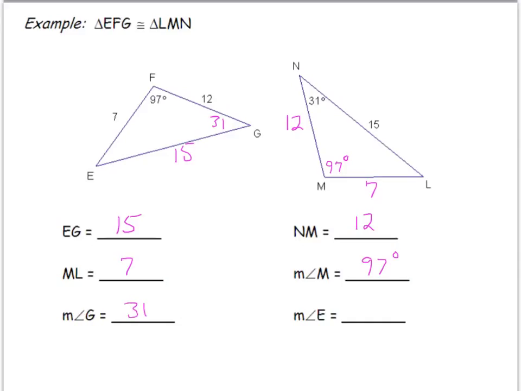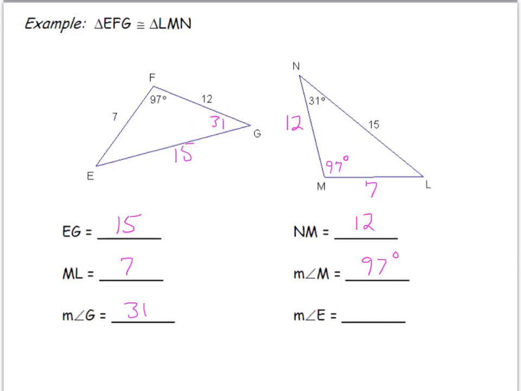The last thing we're working with is angle E. Now, you might be thinking, oh, well, angle E is the first letter, it corresponds to angle L, so all I have to do is look at the second triangle, angle L. Problem, there is no measurement here. So, let's back the train up. If you notice you're looking for angle E, do you have the other two angles in the triangle? Absolutely. And what do we know about angles in a triangle?